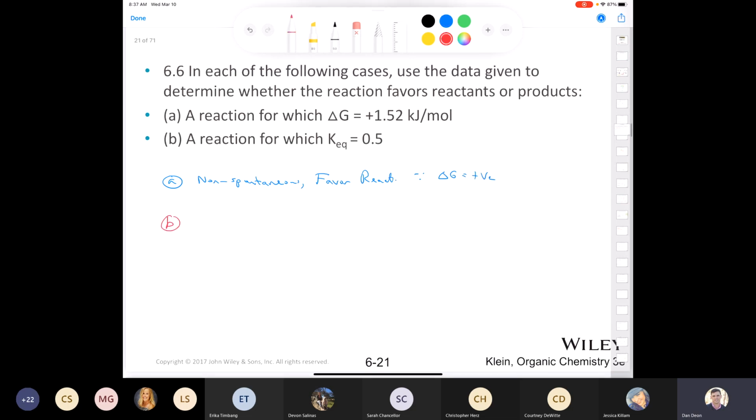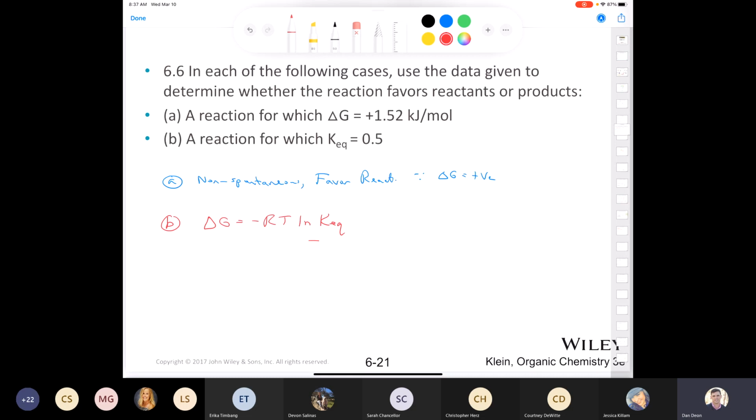It says you have a K equilibrium of 0.5. You can use delta G is equal to negative RT ln of K equilibrium. If you take the K equilibrium of 0.5 and take the natural logarithm, remember, whenever you take the natural logarithm of something that's less than 1, you get a negative number.